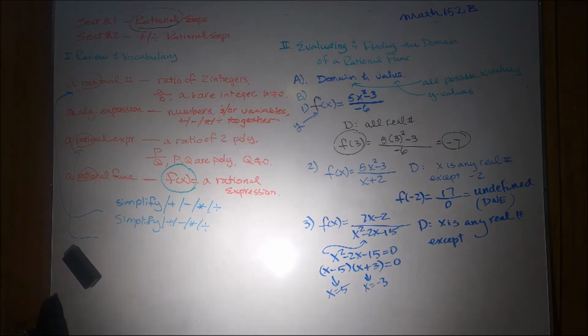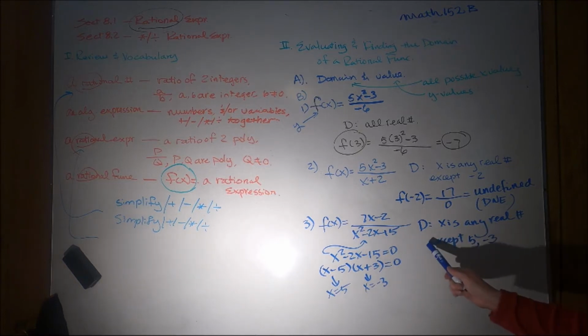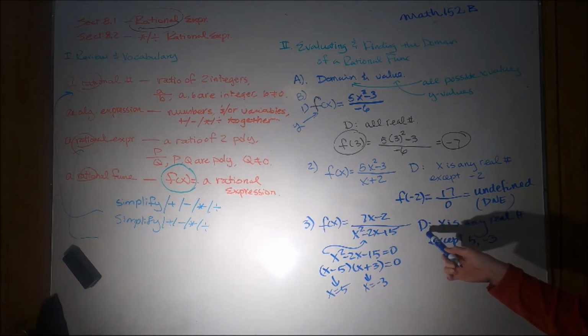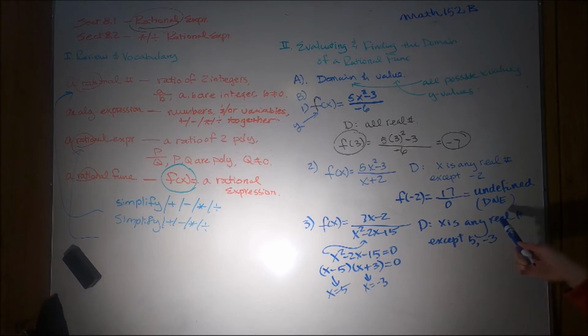Can we do that? We can't. So we cannot use these two numbers. So the restrictions for the domain are 5 and negative 3. You can use any number except those restrictions. Okay?